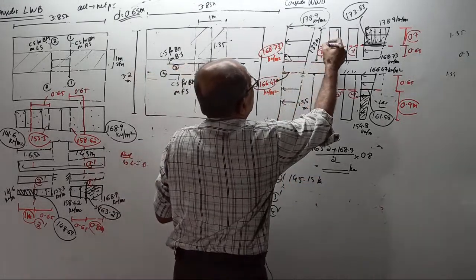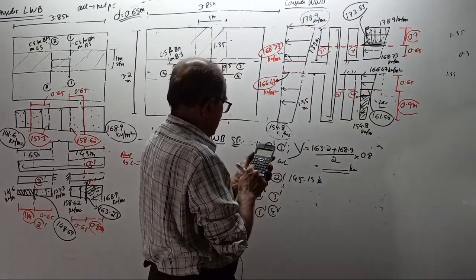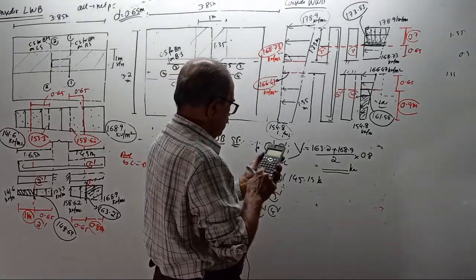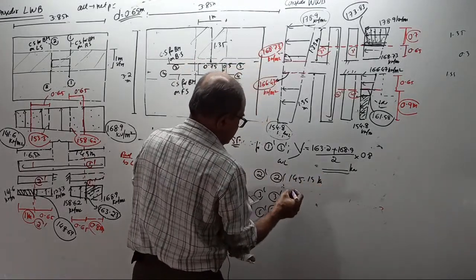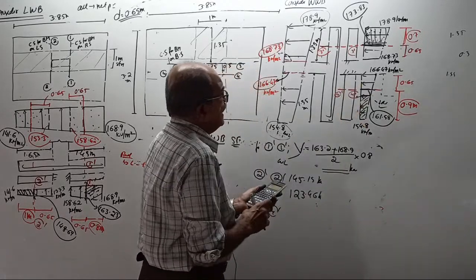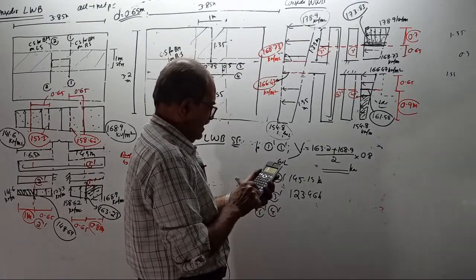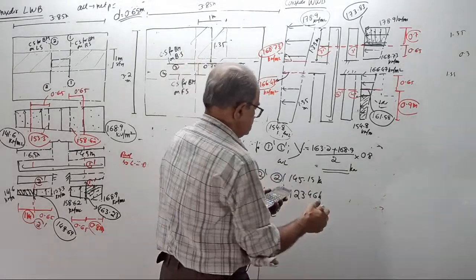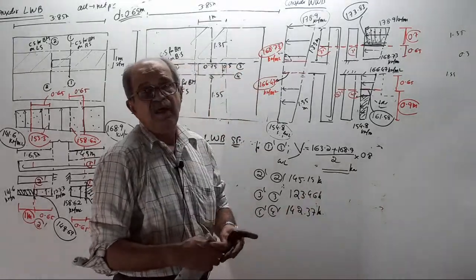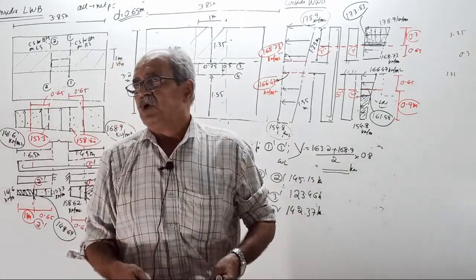For 3-3, looking that side, the ordinates are 173.83 plus 178.9 divided by 2 into 0.7, which is 123.46 kilonewton. For 4-4, looking this side, 161.58 plus 154.8 divided by 2 into 0.9, which is 142.37 kilonewton. Over. Now, if completely clear, tell me. I will rub the full board and go to column with axial load.